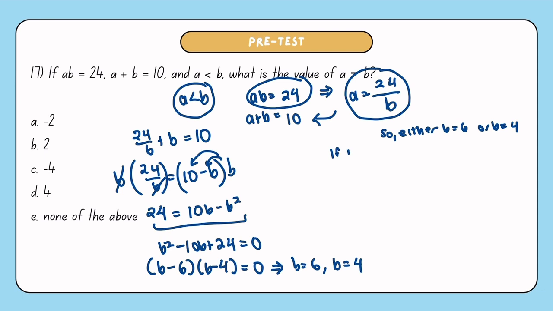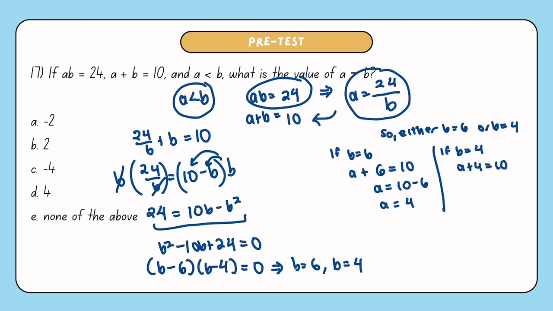So, if B equals 6, A plus 6 equals 10, A equals 10 minus 6, A equals 4. If B equals 4, A plus 4 equals 10, or A equals 10 minus 4, or A equals 6.